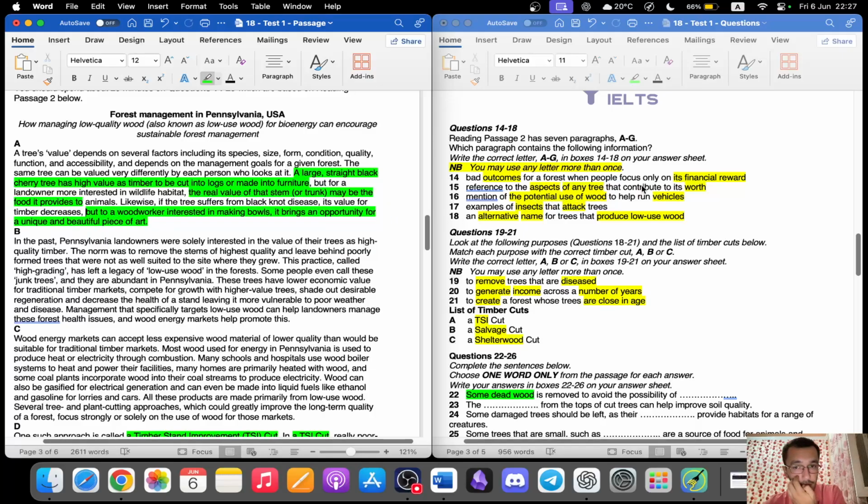So, we already found here, this is the part, any aspect. First of all, any aspect means reference to the aspects of any tree that contribute to its worth. It means even if the tree is dead, there's still a chance to make profit out of it, right?